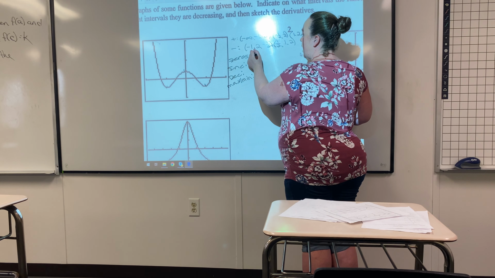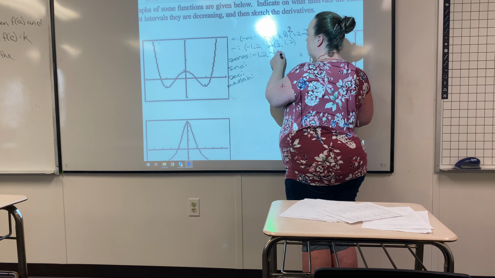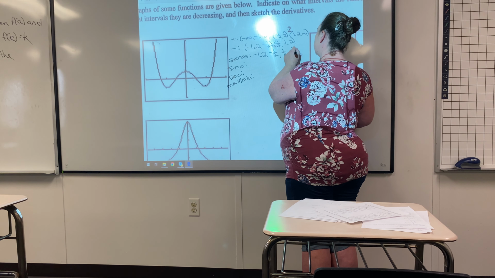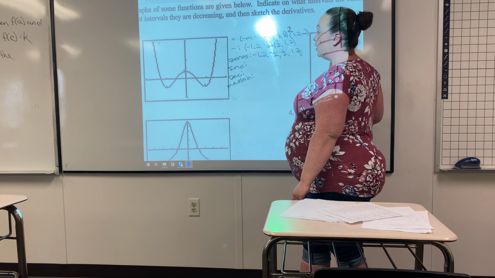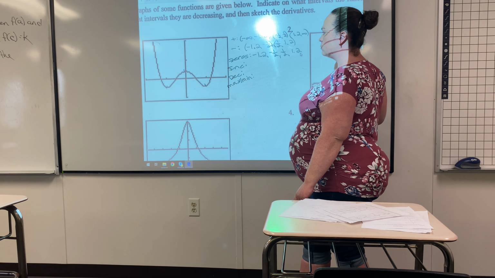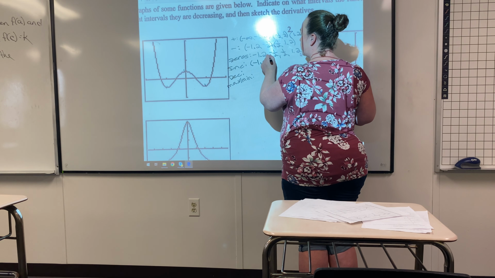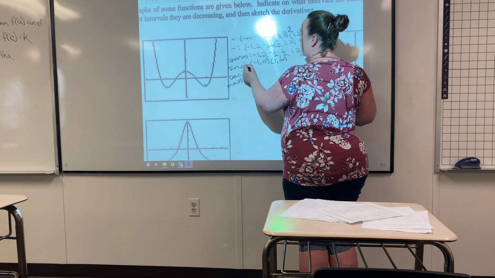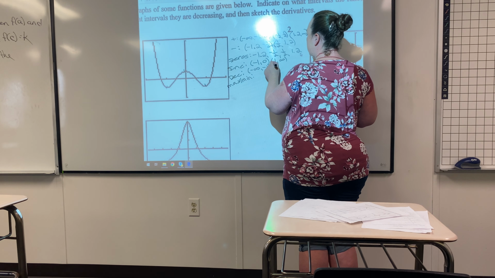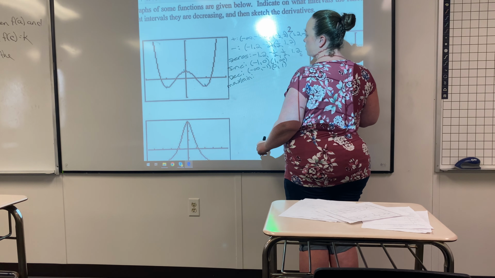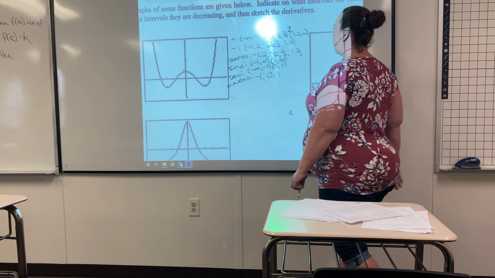We've got zeros at negative 1.2, negative a half, 1.2. Increasing: negative 1 to 0, 1 to infinity. Decreasing: negative infinity to negative 1, 0 to 1. Maxes and mins are at 0 to 1. Okay.